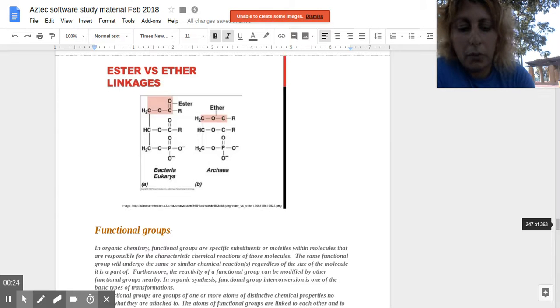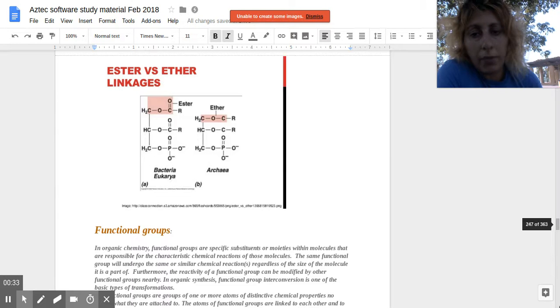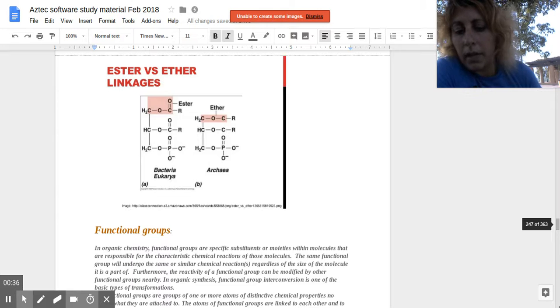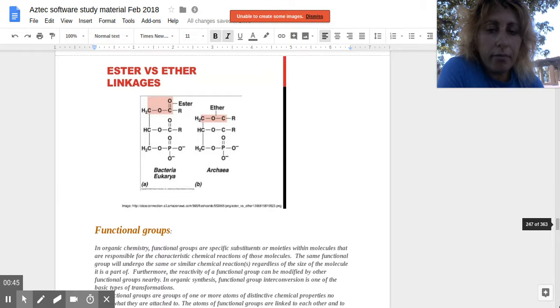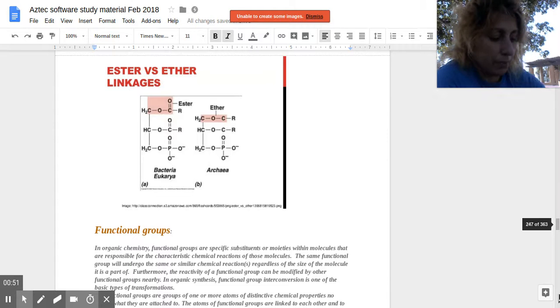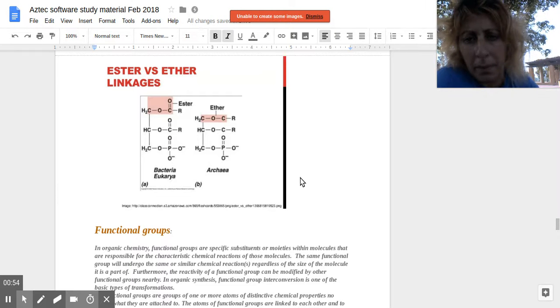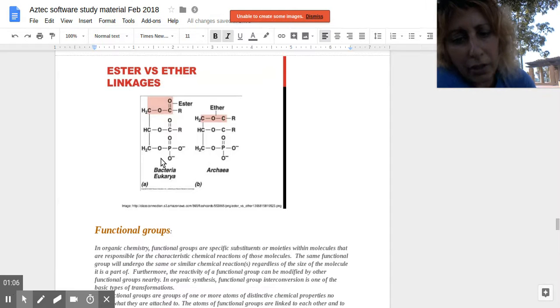In this section, we're doing a little bit of organic chemistry, learning about some of the molecular aspects of important components of biology.